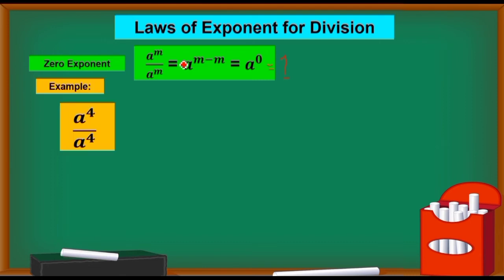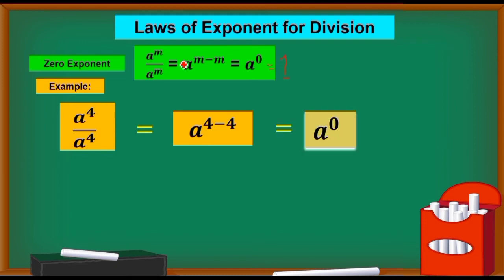So, for example, a raised to 4 over a raised to 4. Since parehas ng base, magiging a raised to 4 minus 4. And 4 minus 4 is a raised to 0. Again, any number, any variable except 0.